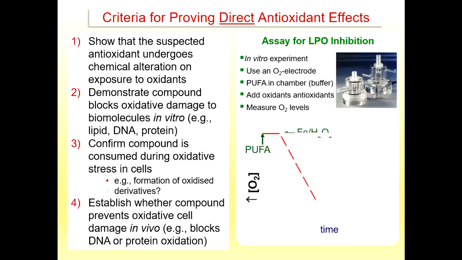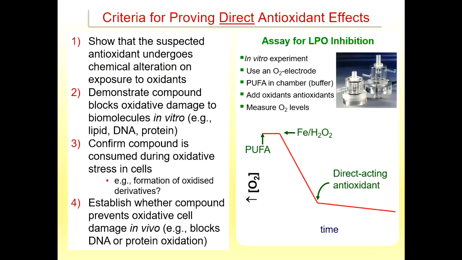In the case of lipid peroxidation, remember that after initiation of lipid peroxidation you have these carbon-centered radicals that react very quickly with oxygen. So they trap oxygen, pull it out of the solution. So once you add your initiation system, iron and hydrogen peroxide just shown here, we start getting a loss of oxygen in the buffer system inside the chamber.